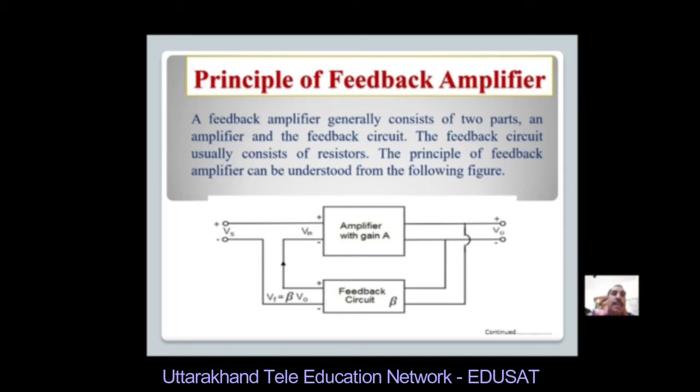A fraction beta of the output voltage is given back to the input. The input given to the feedback circuit is V0, so the output of the feedback circuit will be beta V0. That is called the feedback voltage, which is given back to the input of the amplifier.